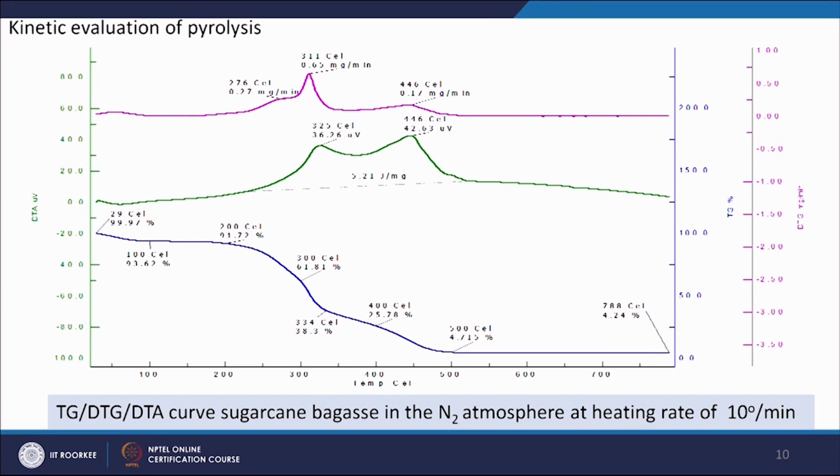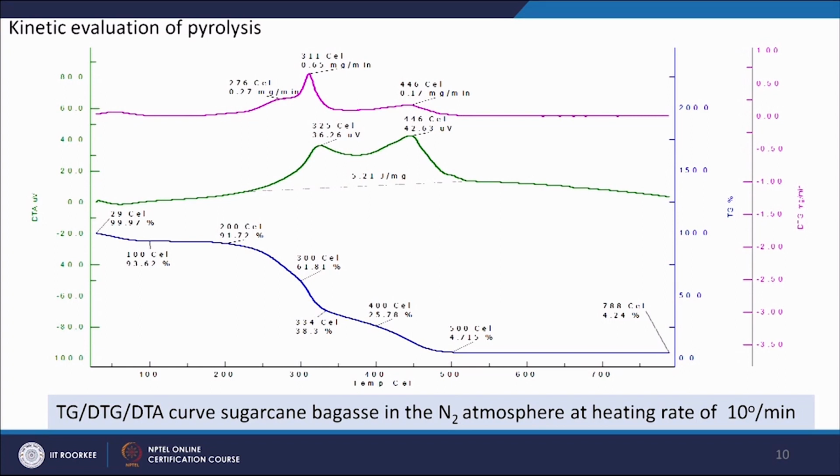After 500 degree centigrade only 4.716% mass is remaining. After increasing the temperature above 500, no significant loss of mass is achieved. So, from the DTA and TG data, it is clear that for this particular biomass, sugarcane bagasse, we do not need to go above 500 degree centigrade.